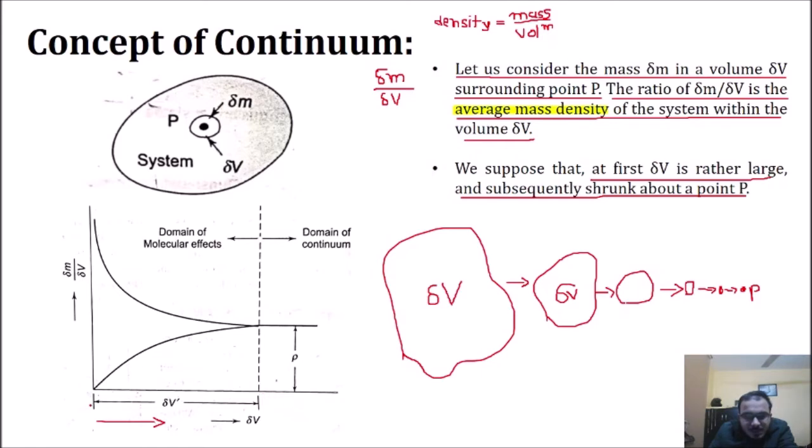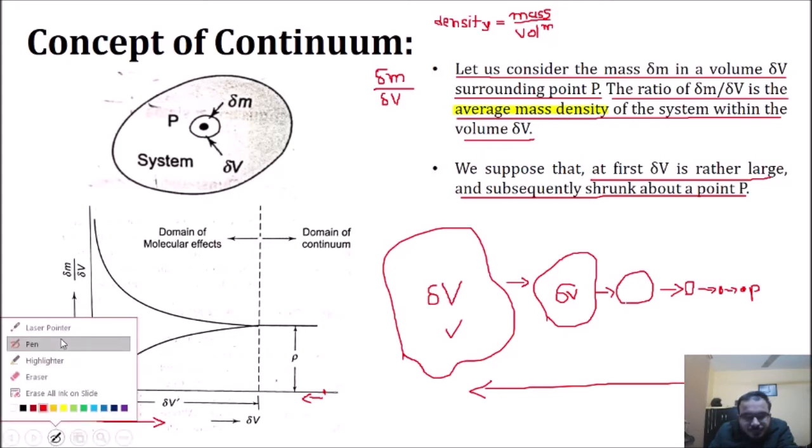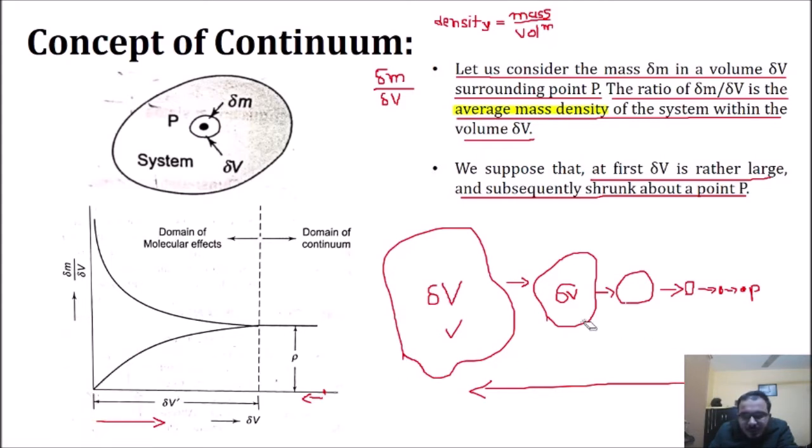So if you see the positive x direction, it is in this way, and it is in the reverse direction here. So let's see, we are somewhere here at the beginning, that is this portion, and we keep on reducing the volume here. Okay, so let's erase this part.